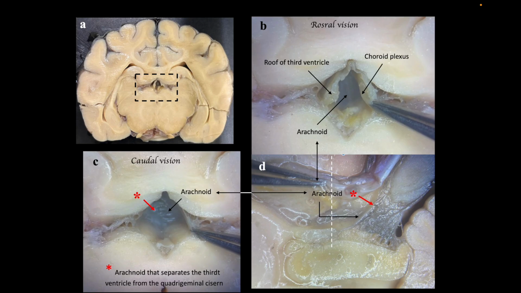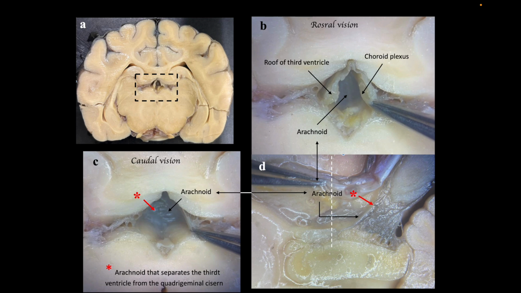On image C is a caudal view. So you can see this arachnoid membrane, marked with a red asterisk, that separates the third ventricle from the quadrigeminal cistern. Don't miss this pineal gland.